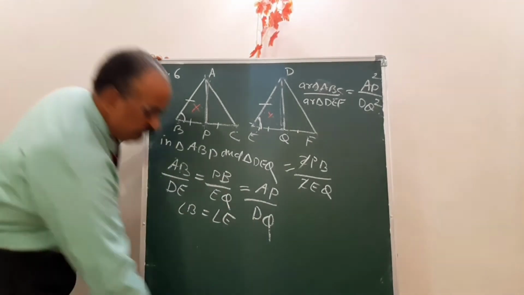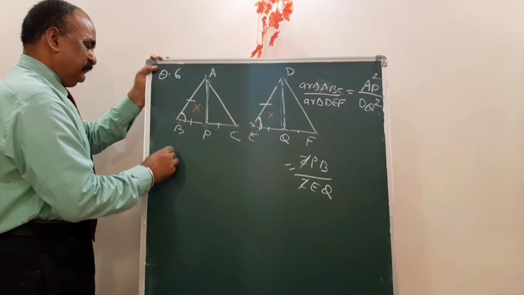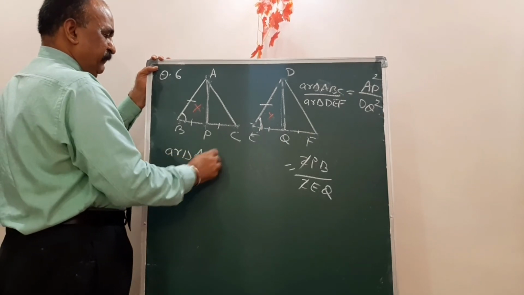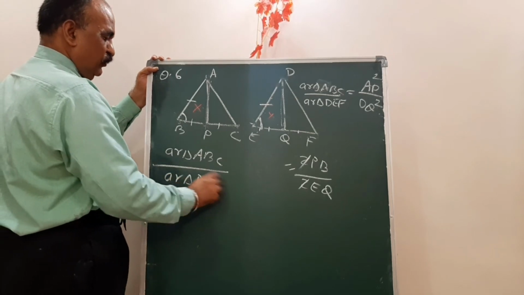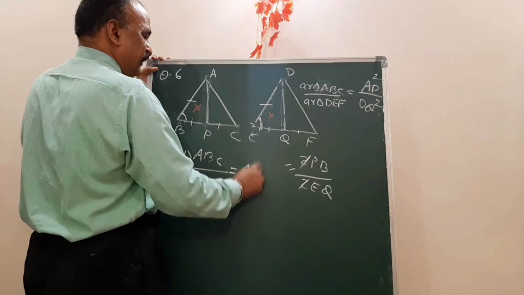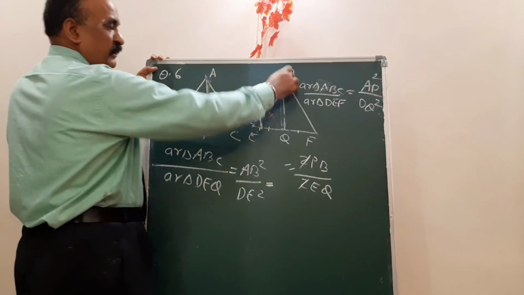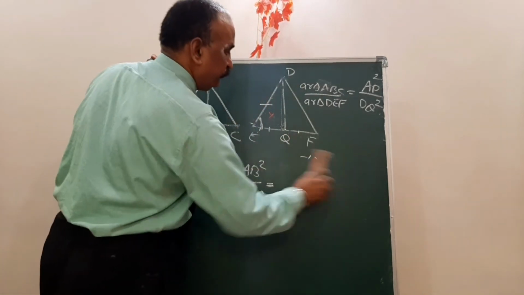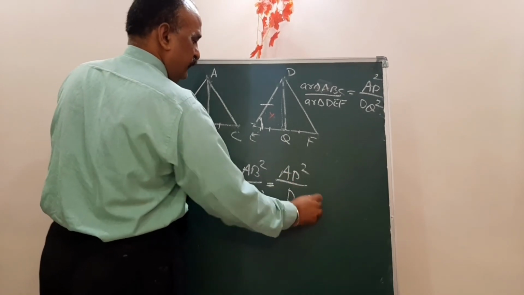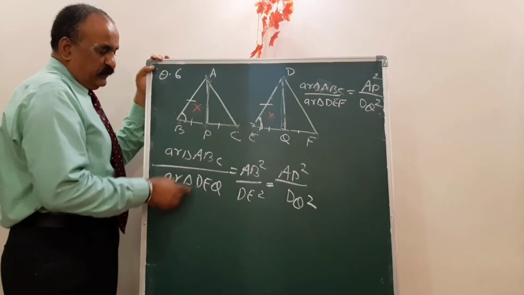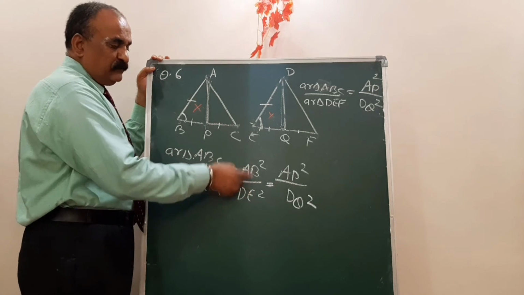Okay, it means area of triangle ABC upon area of triangle DEF is equal to AB square upon DE square, because these two triangles are similar and the ratio of the area of two similar triangles is equal to the ratio of the square of the corresponding sides.